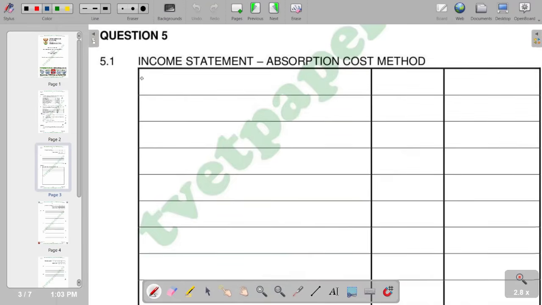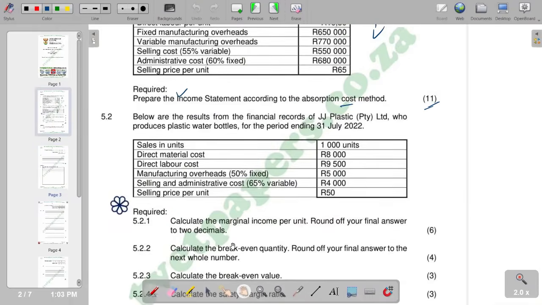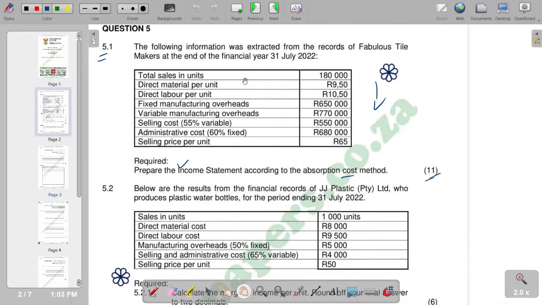So the first item is sales. Then we check according to our question what we have in terms of sales. We're given total sales in units of 180,000, and then we check the selling price per unit. We are given it in the last part: 65 rand as the selling price per unit. To get the total value of our sales, we multiply 180,000 by 65 rand.